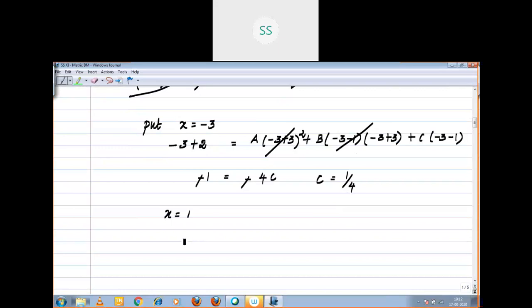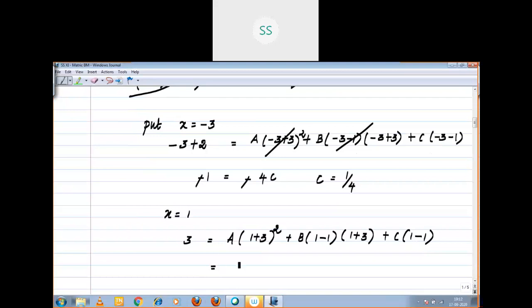What is your right side? 1 plus 2, 3, equal to a into 1 plus 3 the whole square plus b into 1 minus 1 into 1 plus 3 plus c into 1 minus 1. Say yes or no now.